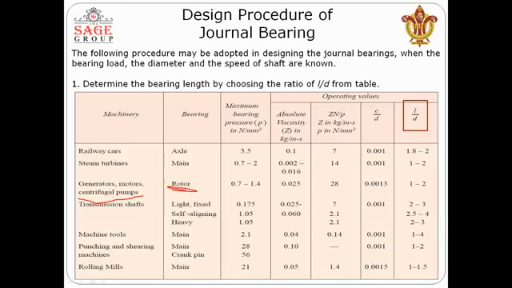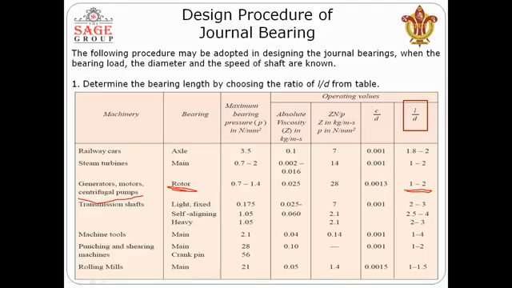From this centrifugal pump rotor bearing, we have to select the L upon D ratio, which is given here as 1 to 2. We can select any value between 1 to 2, or we can select 1, or we can select 2 also. It depends upon our selection. So we have selected the L upon D ratio from here. For example, we have selected 1.6.